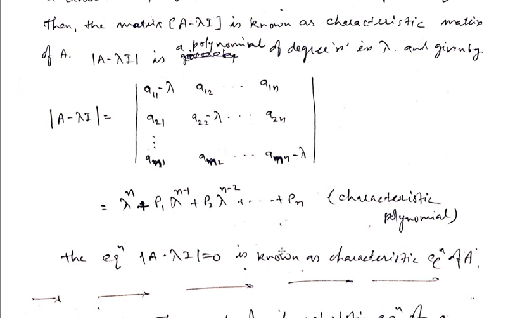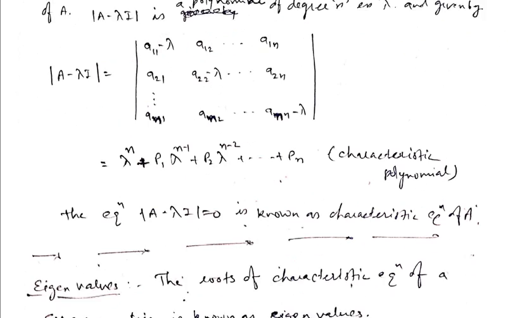That is, determinant of A minus lambda I equals 0 is the characteristic equation for a given matrix A. It's very important to find the characteristic equation of a given matrix for calculating eigenvalues and eigenvectors.